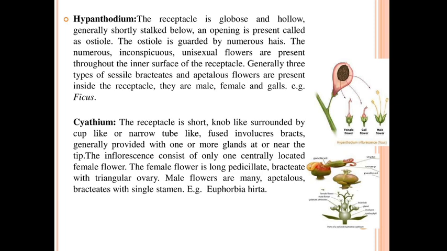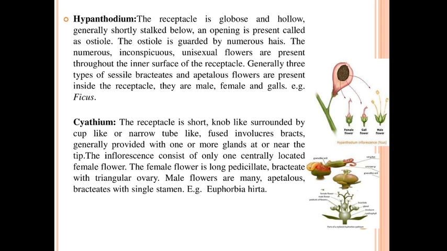Whereas in the gall flowers, the style is smaller, so the female blastophaga can easily insert its ovipositor and lay eggs into the ovary. Afterwards, when the eggs hatch, they eat away the ovary of the gall flower and come out. When they become mature, they try to escape from this inflorescence, and in doing so, they carry the pollen grains on their body and bring about pollination. So this is a very particular type of inflorescence, the hypanthodium inflorescence.